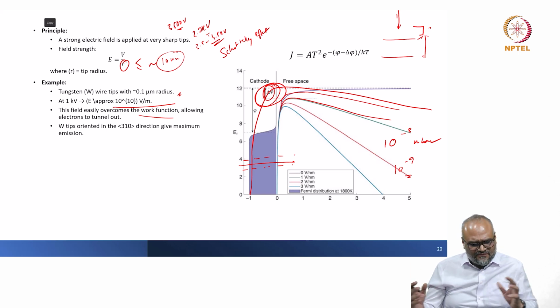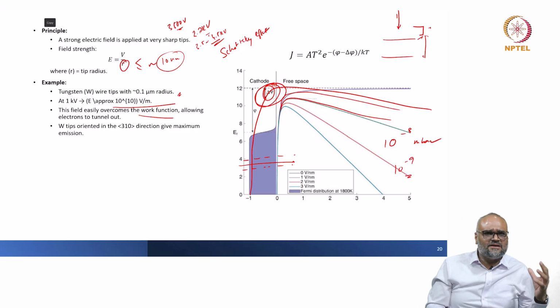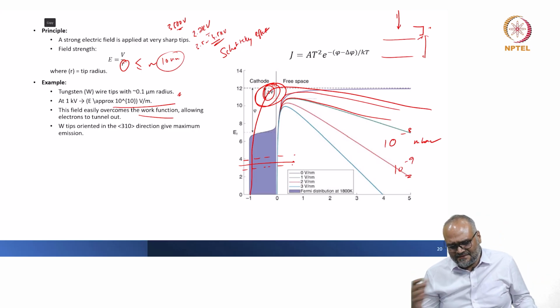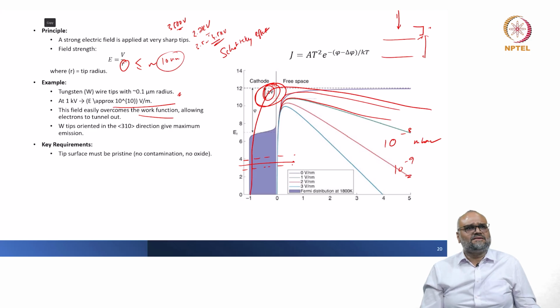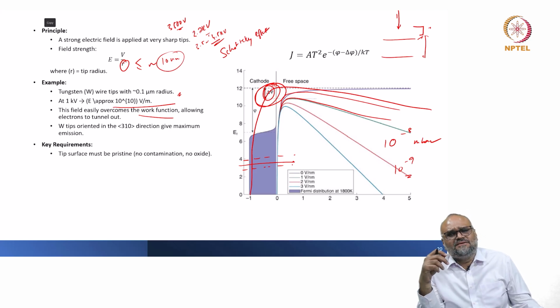So I am kind of mixing up the constructions or the principles of a thermionic or a Schottky FEG and a cold field emitter, but you would want to have a pristine surface on the filament. If possible, you would want to have a flashing of the filament, and you can have tunneling of the electrons.